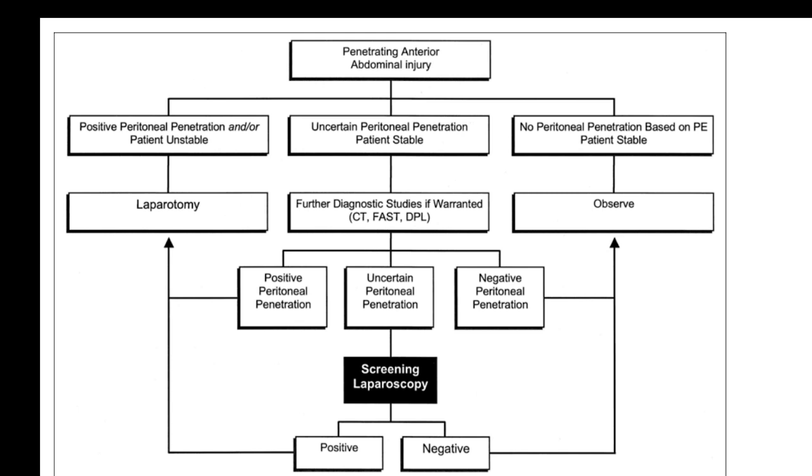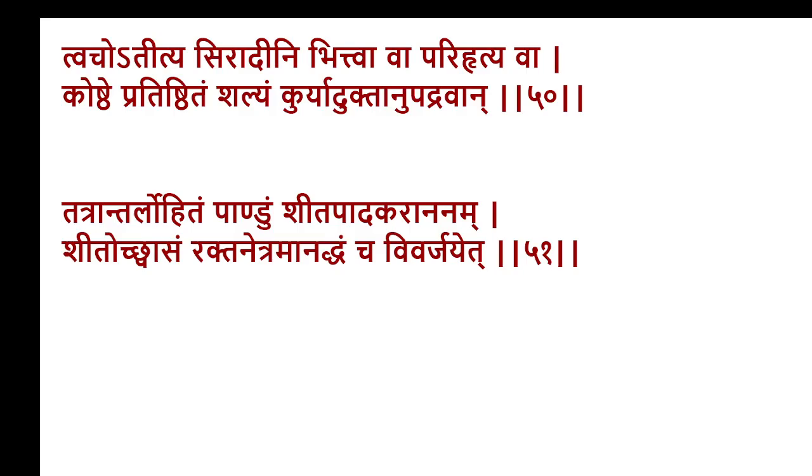And if it confirms a positive peritoneal penetration, then again it has to be laparotomy. Or in uncertain conditions, laparoscopy is preferred, so that if there is any injury inside, it can be confirmed, and if it is so, you have to go for the laparotomy. If not, if there is a non-peritoneal penetration, then simple wound management is suggested. That's how the algorithm is done.